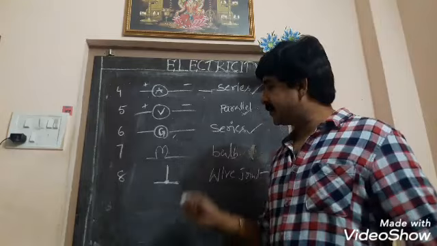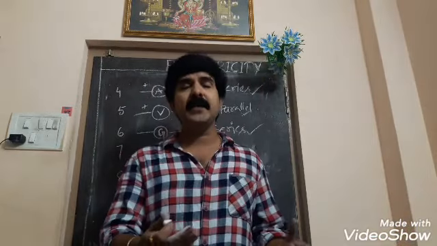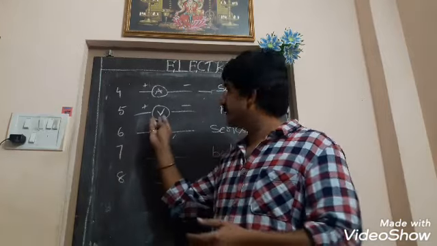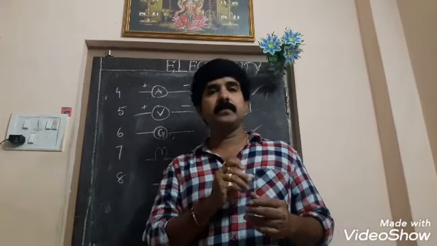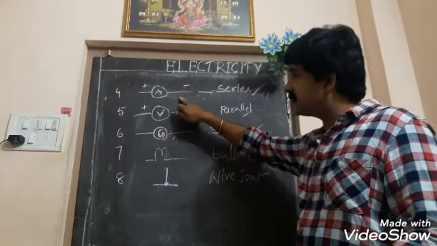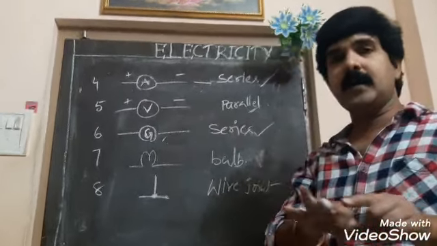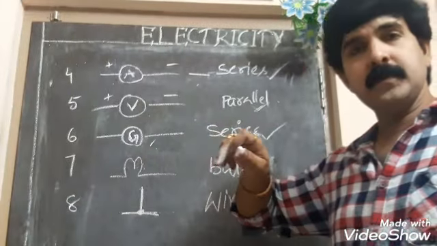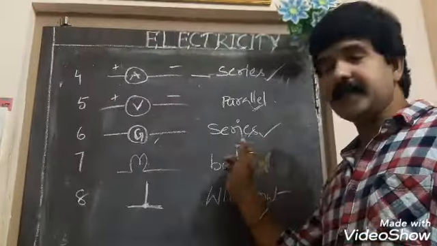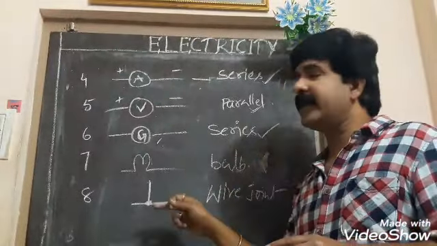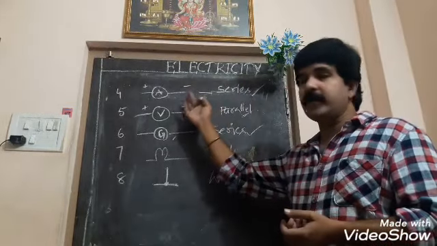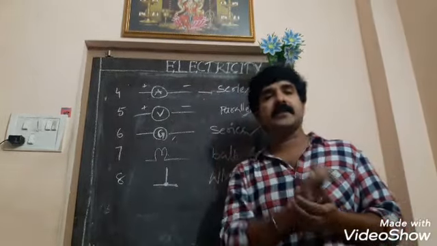Next, how we give diagrams for different devices in a circuit. In a circuit we have to place the ammeter in series, the voltmeter in parallel and the galvanometer in series. With all these devices we can make a circuit, and where and how they will be placed can be represented in a circuit.